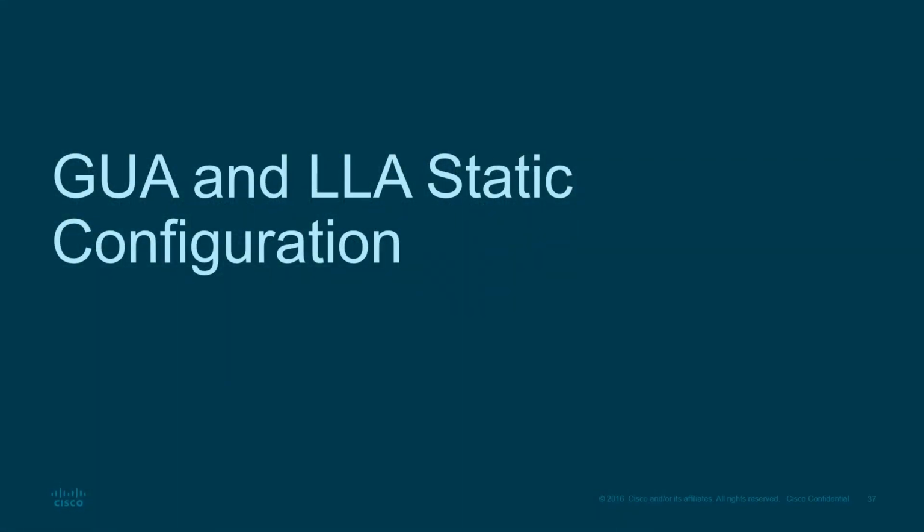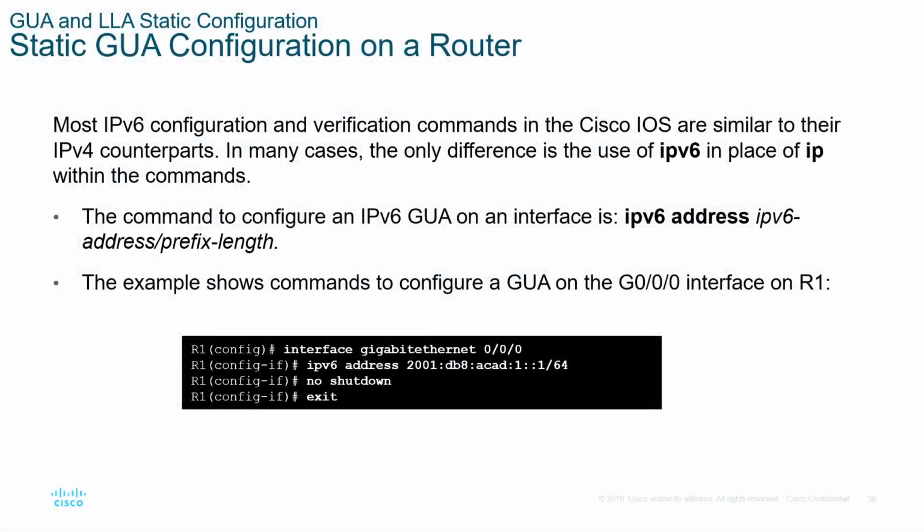Alrighty, let's talk about the GUA and LLA static configuration. It's a pretty simple, very straightforward step to configure an IPv6 address on an interface. We just need to go to the interface of the router and type in the command ipv6 address.